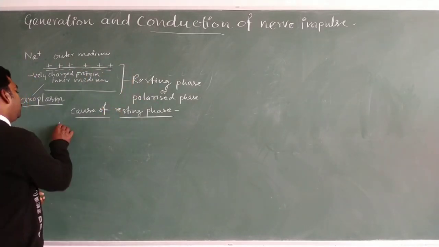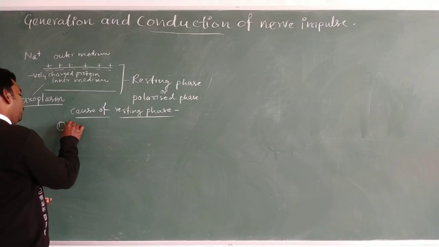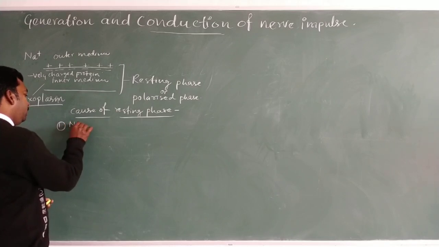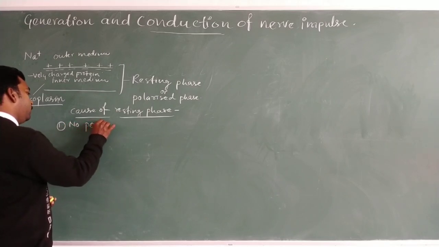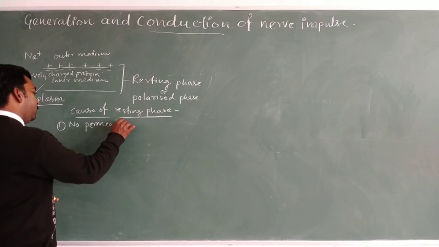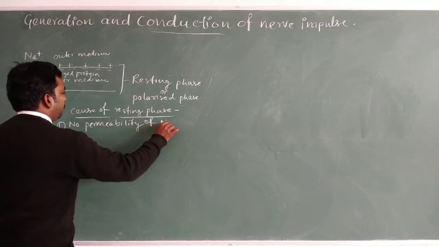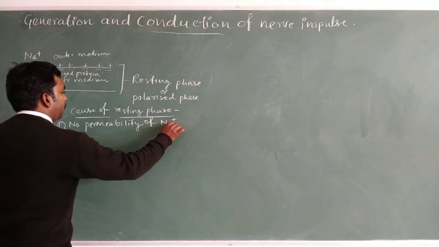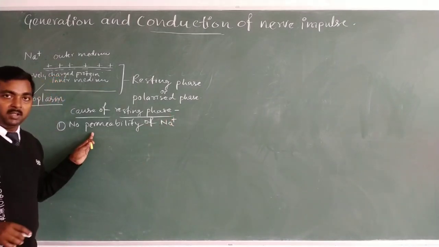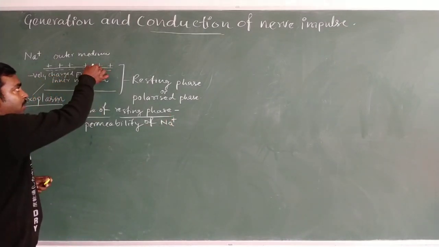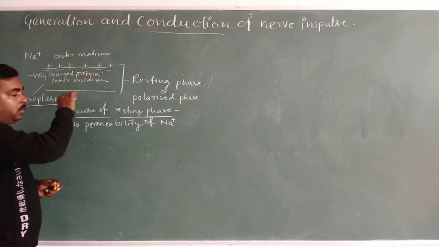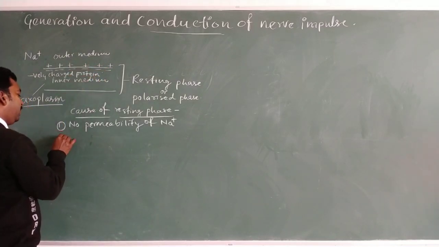The first is less or no permeability of sodium ion across the plasma membrane from the outer medium to inside the cytoplasm.